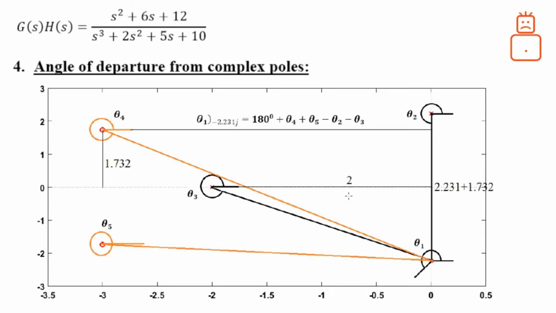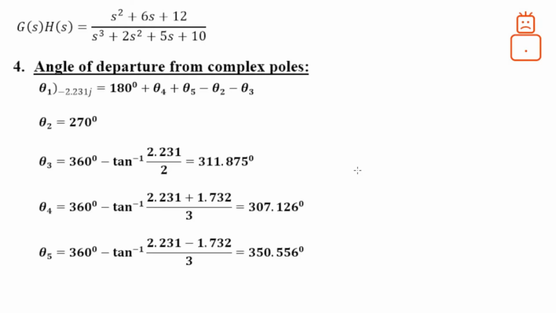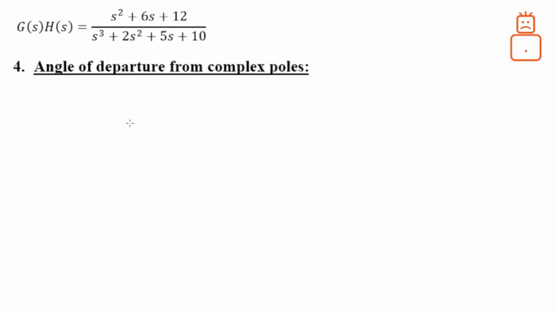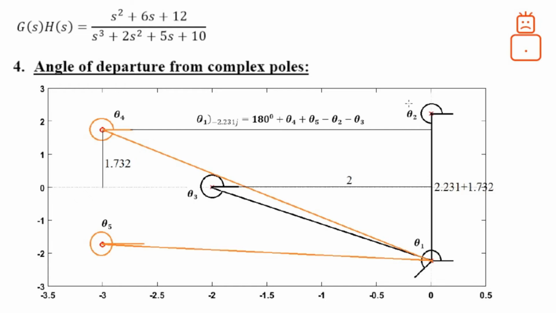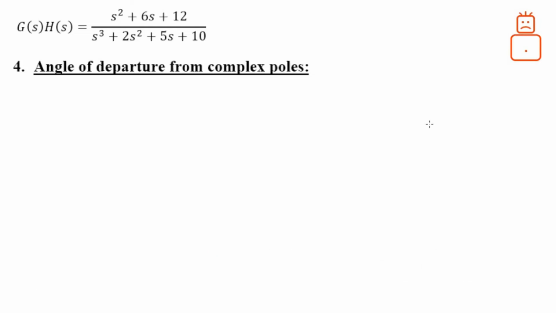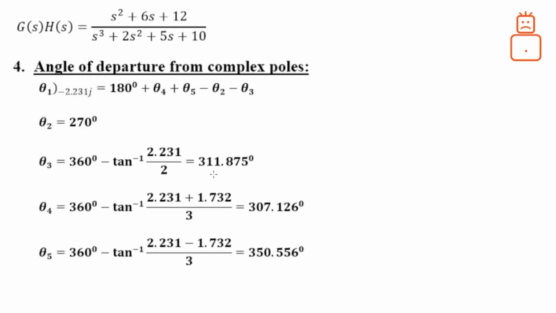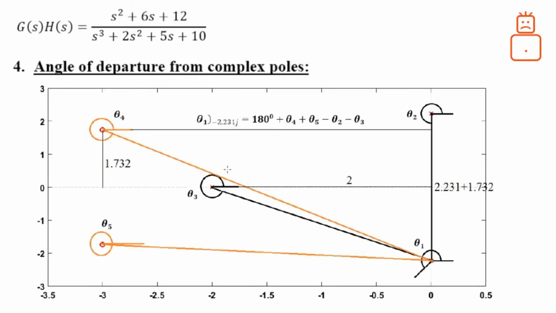So these are the geometries that we can use to compute the values. One important point here is θ2, you don't need to compute it, it's already 270, but the other parts have to be computed. As you can see, you can check this out using the geometry here.